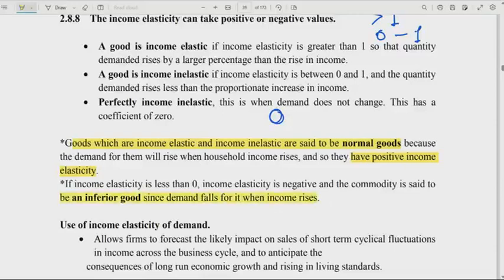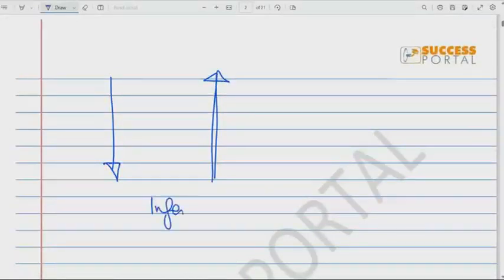So we also looked at inferior goods being those where the consumption decreases when the income increases. Those are called inferior. In terms of the answer that we're going to find, if we calculate, it will be less than zero. It will have a negative figure.